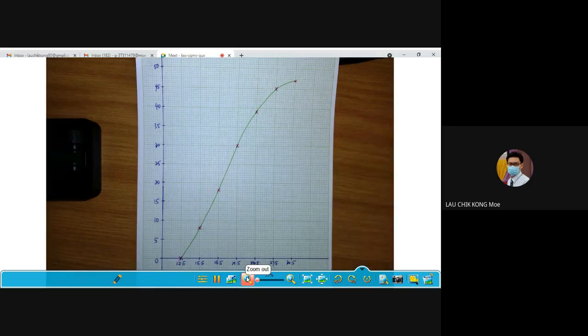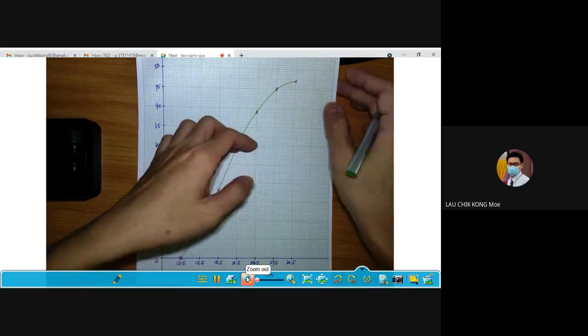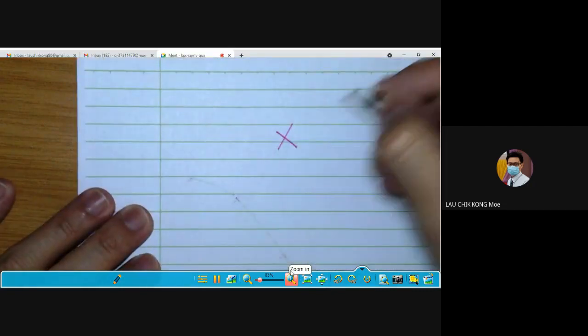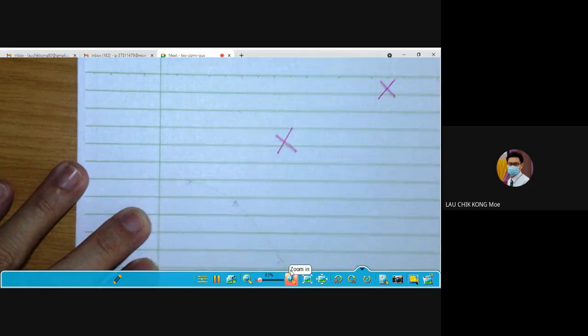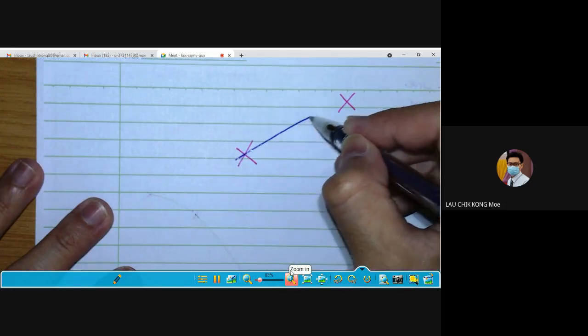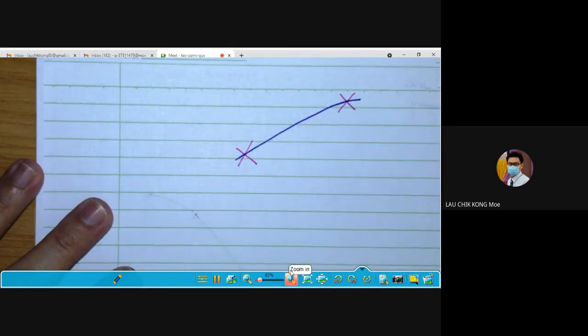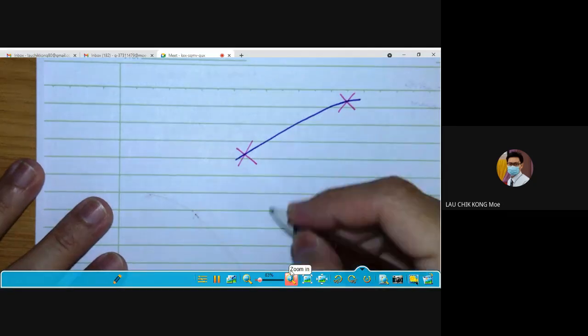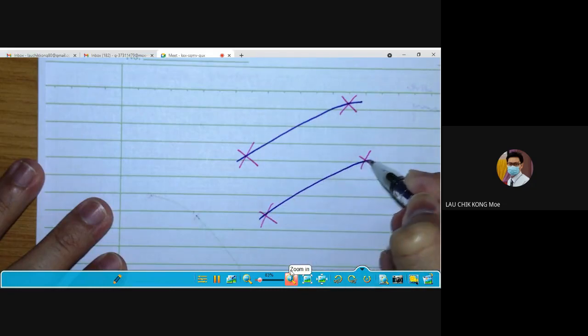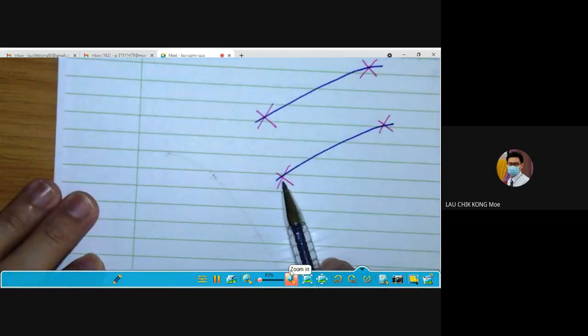So this is your graph. Just now I said passing through. I show you passing through: it goes through the middle of the point. If your curve goes like this, this is not passing. This one also is not passing.